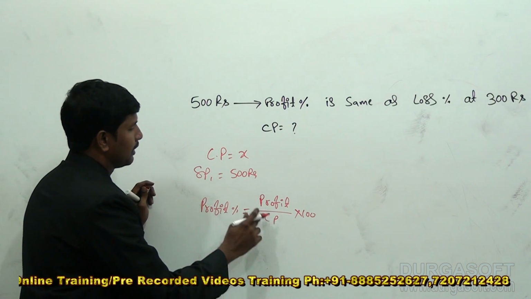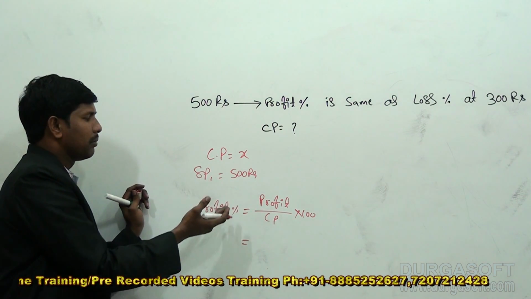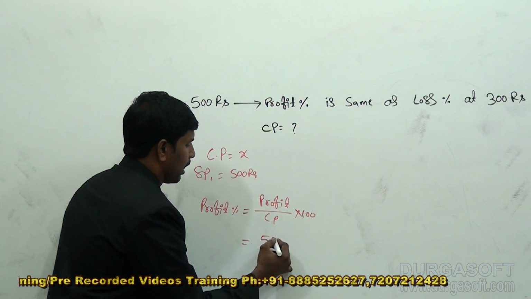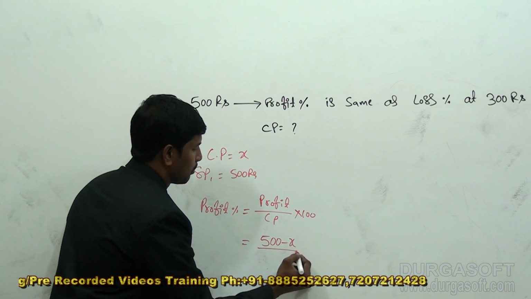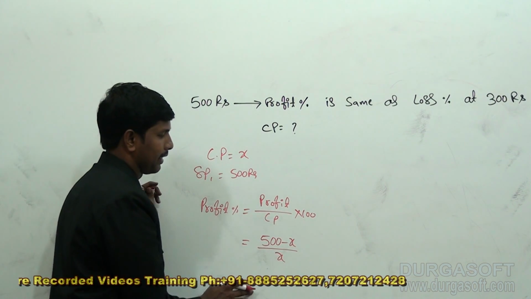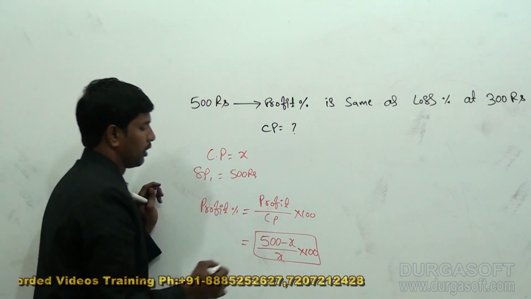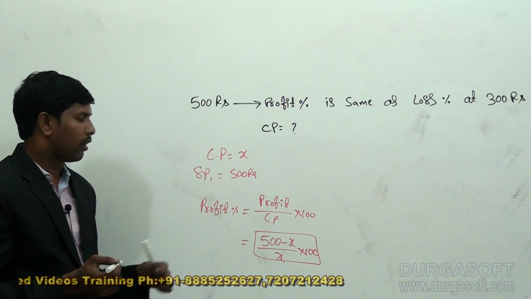Profit is simply selling price minus cost price, so it is 500 minus X, divided by cost price X, into 100. This is the profit percentage we got.